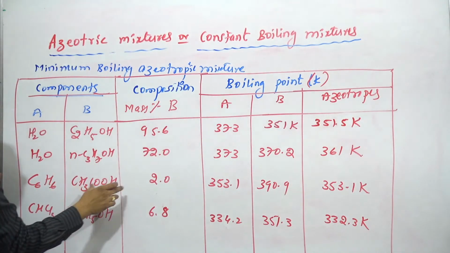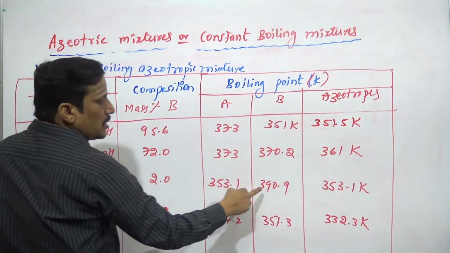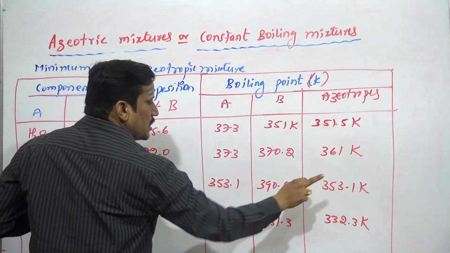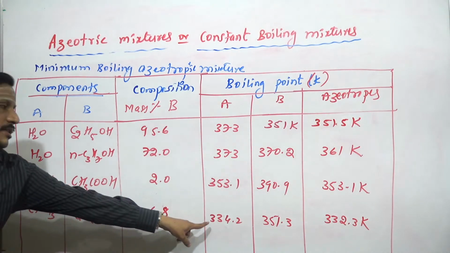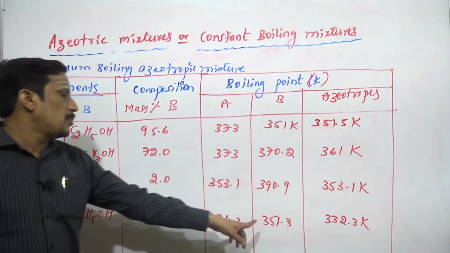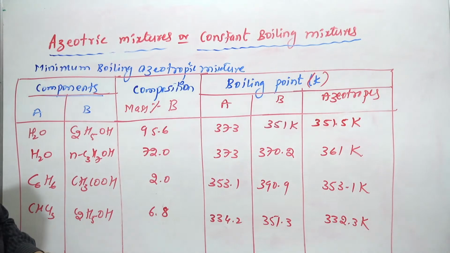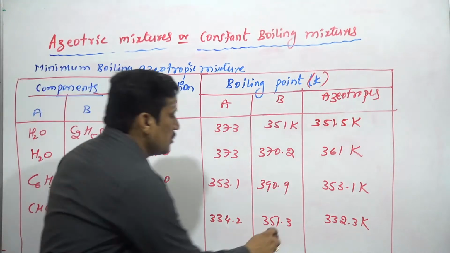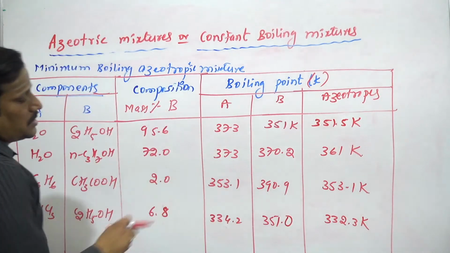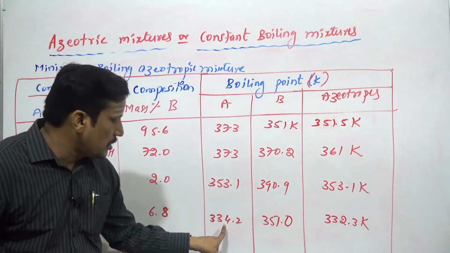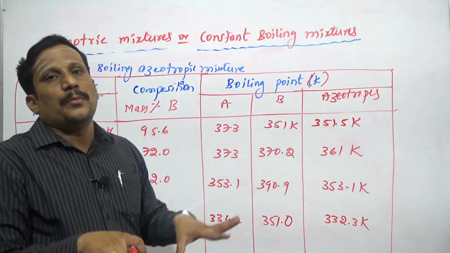Benzene and acetic acid: benzene boils at 353.1, acetic acid boils at 390.9, but the mixture boils at 353.1 Kelvin. Chloroform boils at 334.2, ethyl alcohol boils at 351.0, but the mixture boils at 332.3, less than the components.